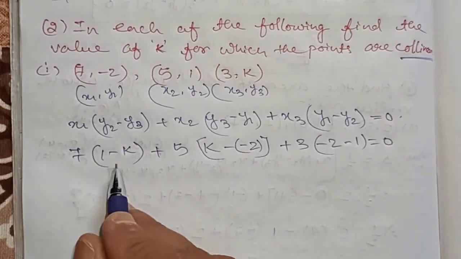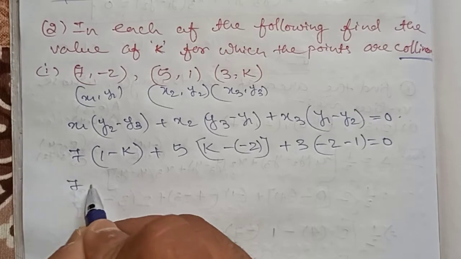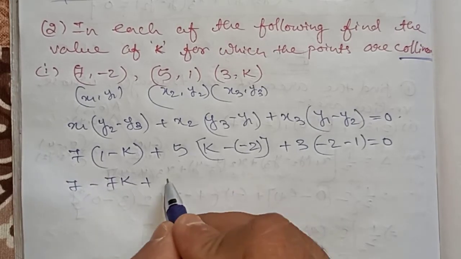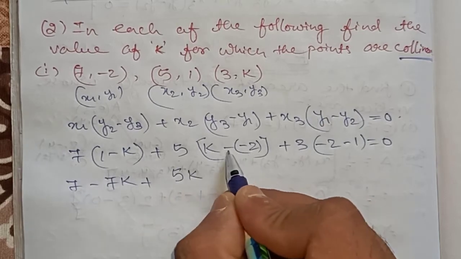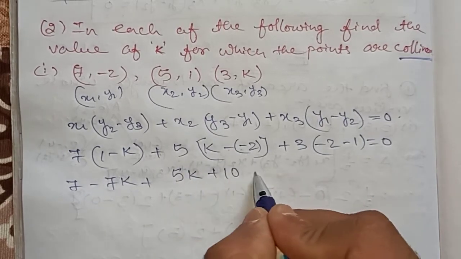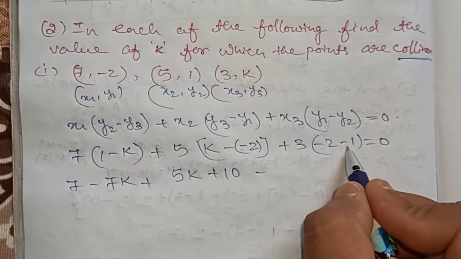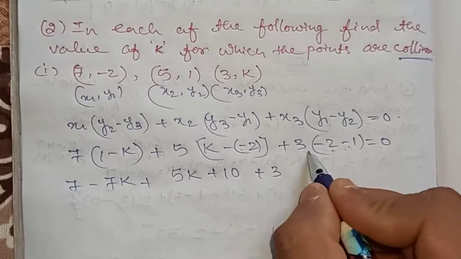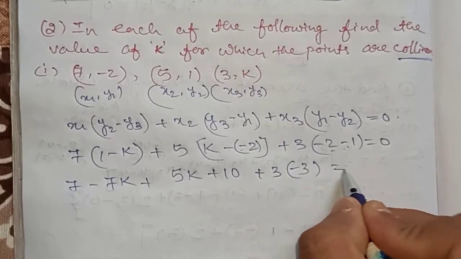Okay, now open the bracket and multiply. 7 1s are 7 minus 7k plus 5 into k, 5k, minus minus plus, so 2 we will get, 5 2s are 10, plus 10, minus minus plus, 2 plus 1 is 3, minus 3 into minus 3 equals to 0.